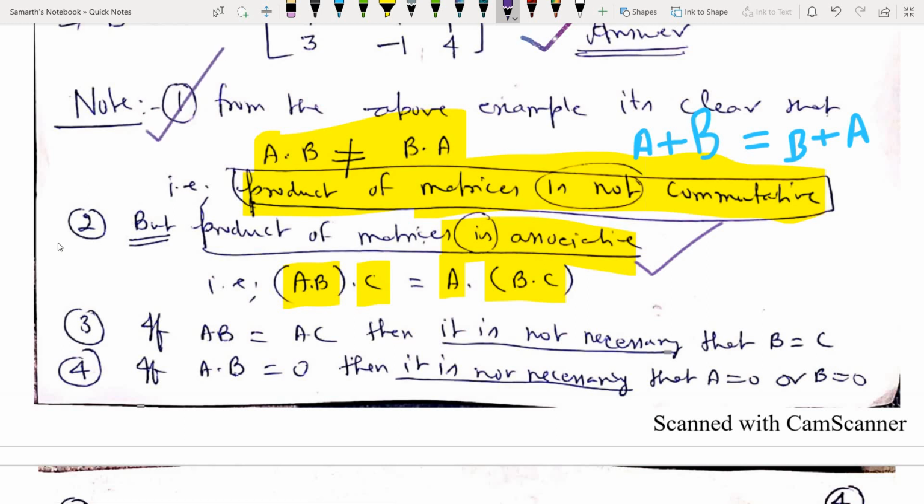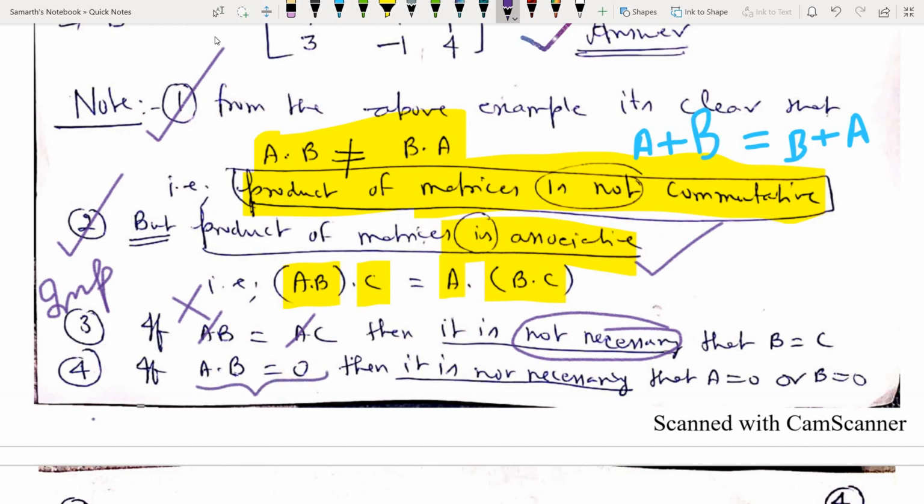Then one more property: if AB is equal to AC, then you can't cancel A directly. It is not necessary that B is equal to C, where B and C are matrices. And now if AB is equal to 0, where A and B are any two matrices and 0 represents the null matrix, then it is not necessary that A is equal to 0 or B is equal to 0.